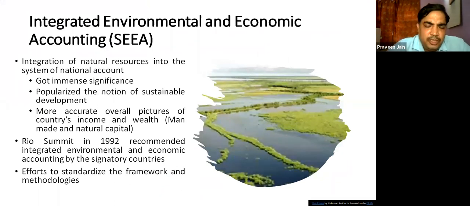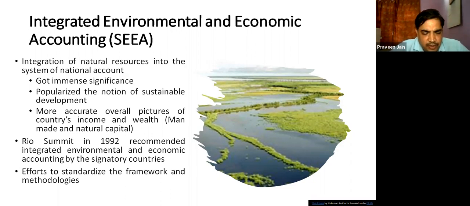And then to include this, to have a green accounting, or to include the environmental factor in the national accounting.